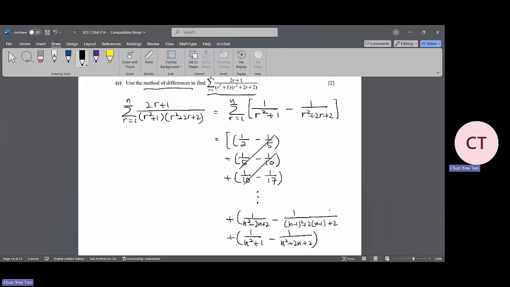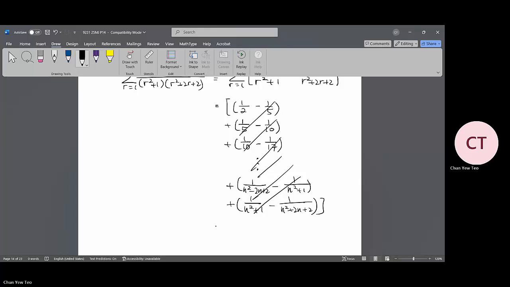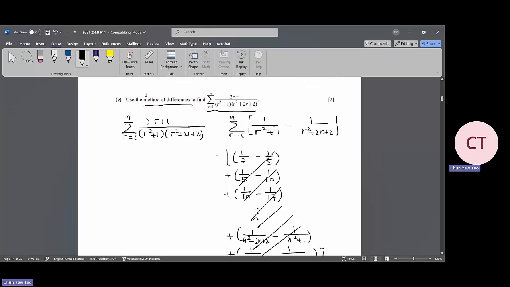If you expand carefully, you are supposed to get n squared plus 1. So you cancel them in such a way, and you only remain with a half minus 1 over n squared plus 2n plus 2. This will be the answer for part C.